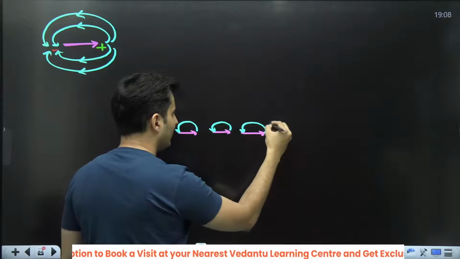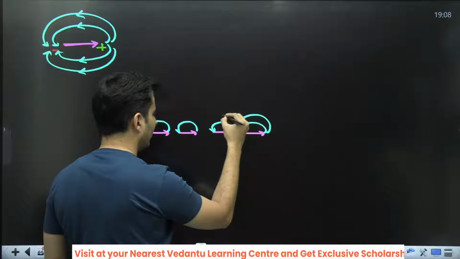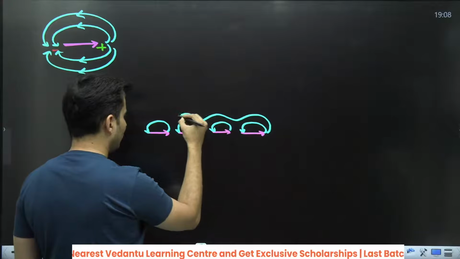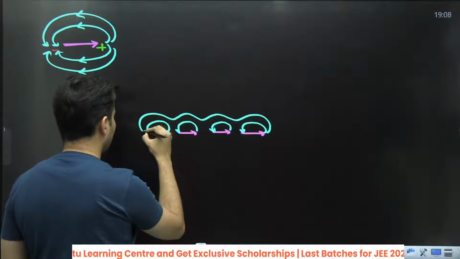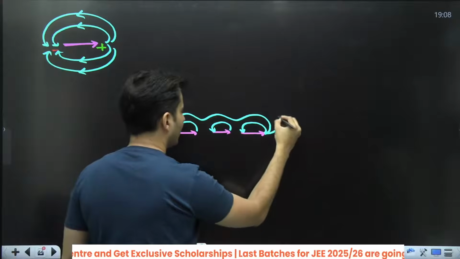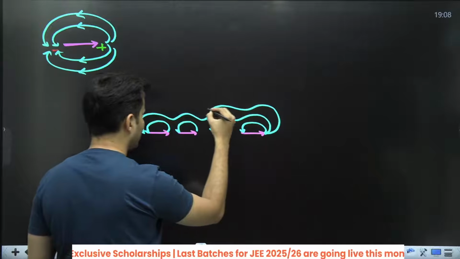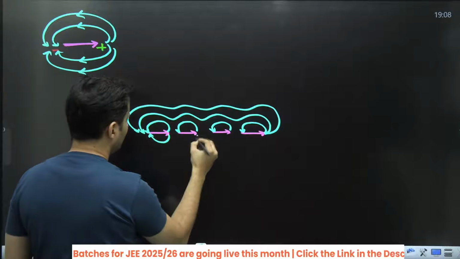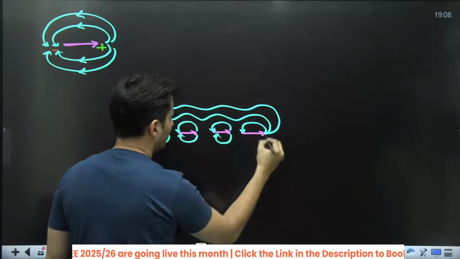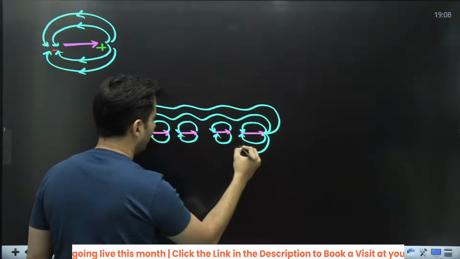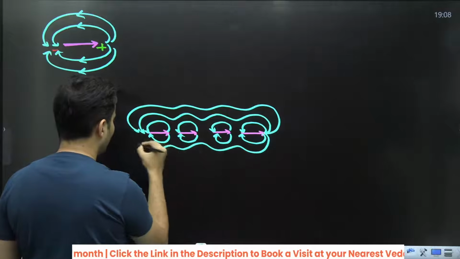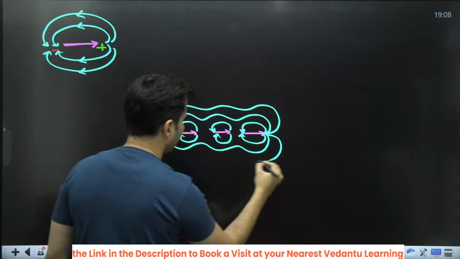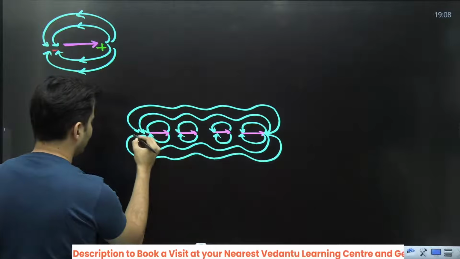So it tries to enter, but it can't, tries to enter, can't, tries to enter, yes. Next, it can't cross. Remember, electric field lines can't cross. Same thing will happen below also. So the next electric field line does not have enough space to enter, so it will come from here. The next electric field line will go like this and enter from here.